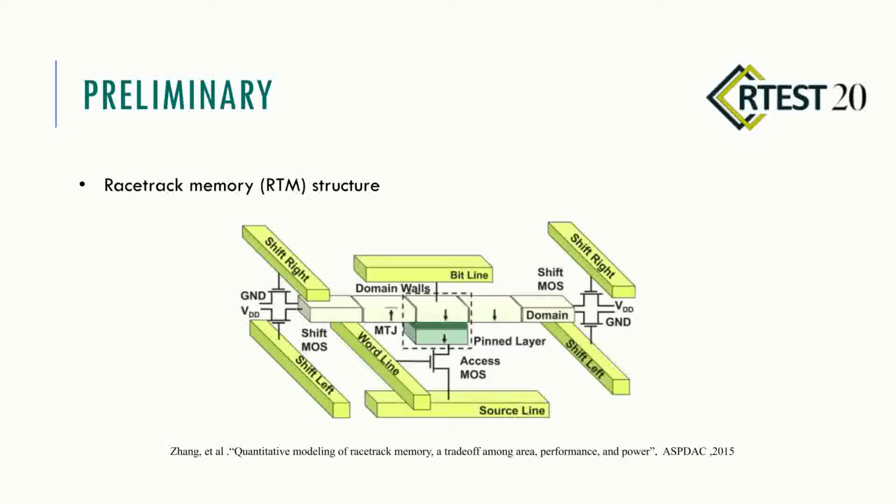As you can see, there are some transistors as access ports to read and write data on a domain of racetrack memory, and you can also see some shift transistors. In this type of memory we need shift transistors and shift operations to access data.